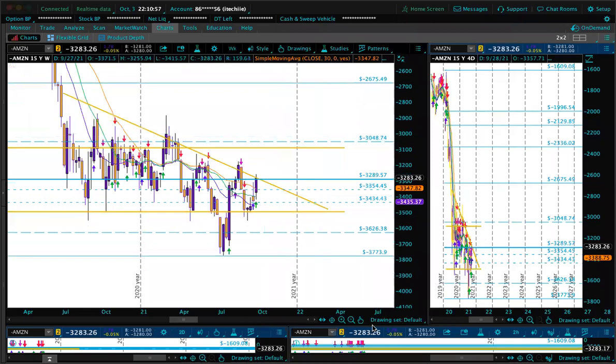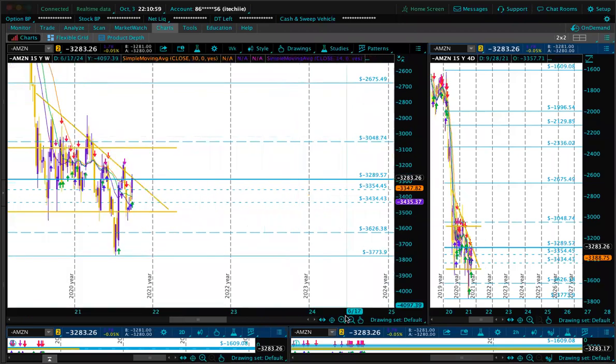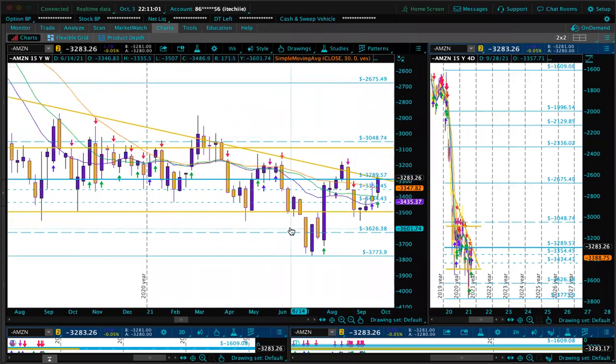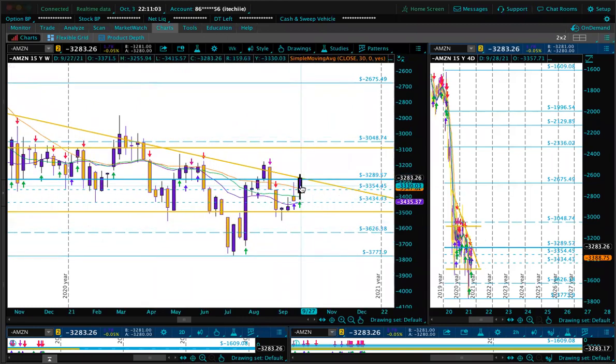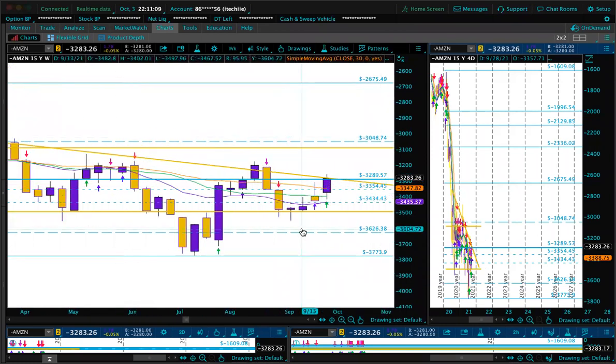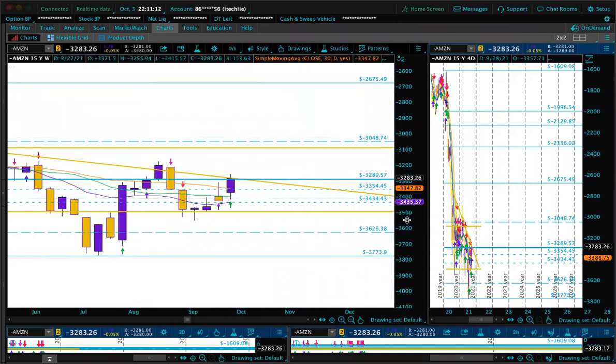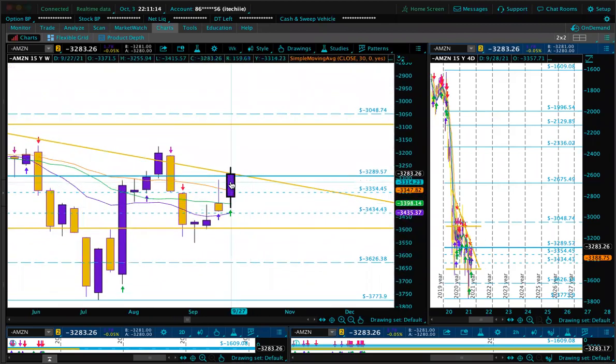So choose wisely. How I trade that on the weekly, I look at Amazon's weekly range. I buy half of that range from my target high of the week. So what I'm saying with that, last week's range for Amazon was 159 points. Half of that is about 75 points.